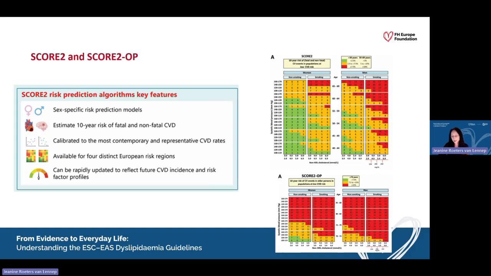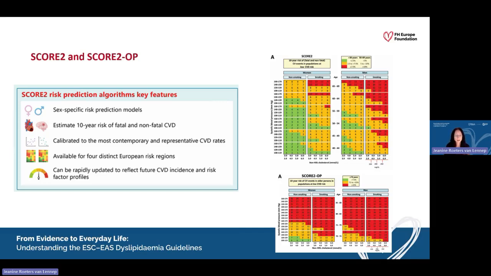So if your healthcare provider, if you have FH, for example, is trying to estimate your 10 years risk on these kinds of charts, then please remind the healthcare provider that you have FH and that you're not like an apparently healthy person from the normal community.